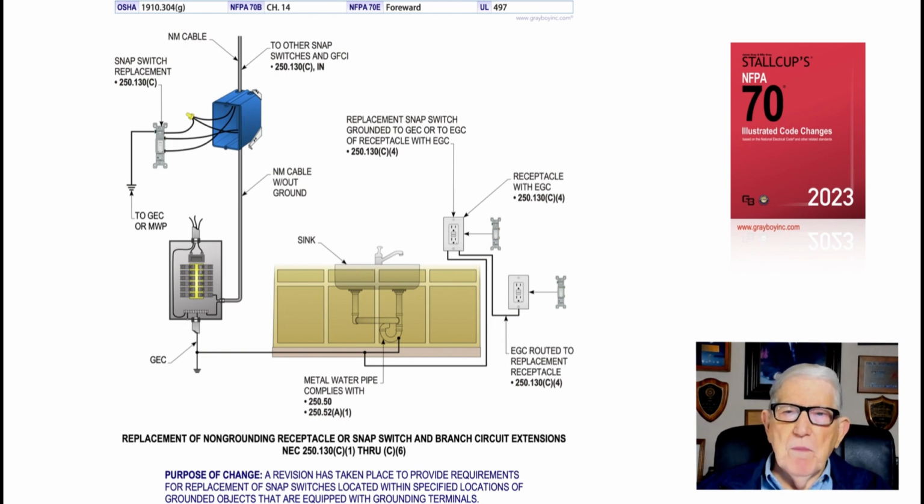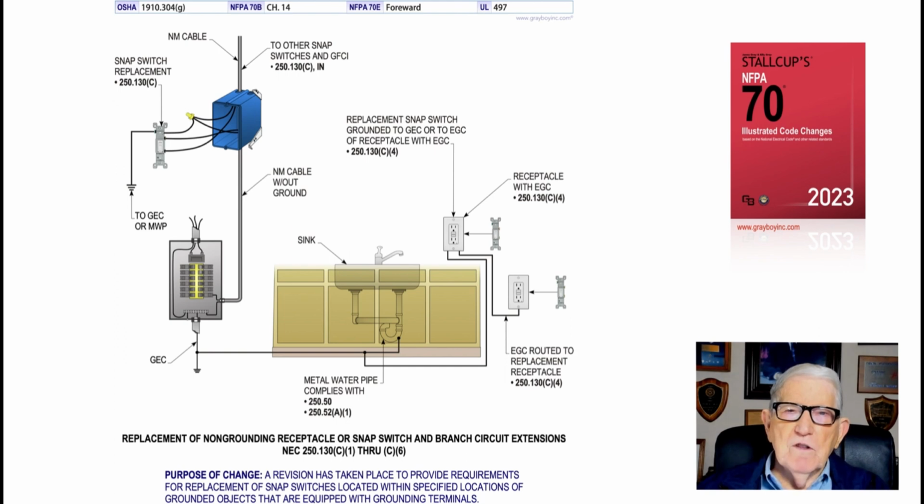But now notice you have a panelboard here to the left. You have a circuit right up there without an equipment ground. So they're just allowing that switch to be connected to a metal water pipe, just like they used to allow a receptacle. And if you look at these switches and receptacles over to the right, same thing. You can connect them to any water pipe system that extends out of the ground and is in the ground, where it's grounded and has a low resistance and so forth.